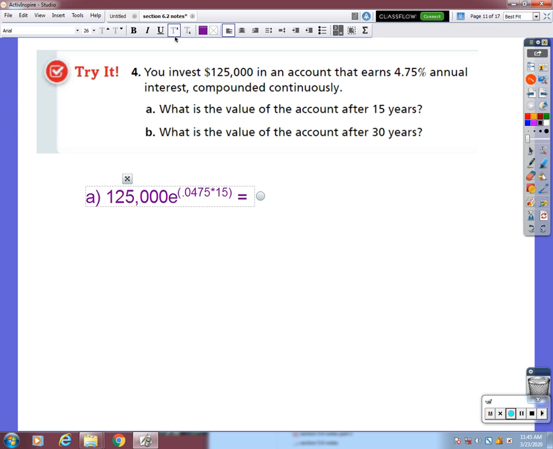We're going to end up with, ooh, that's a lot of money, $254,885. So you have more than doubled your money.